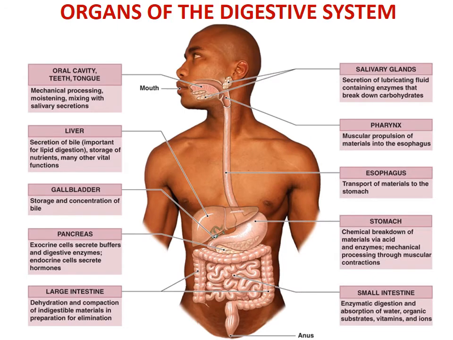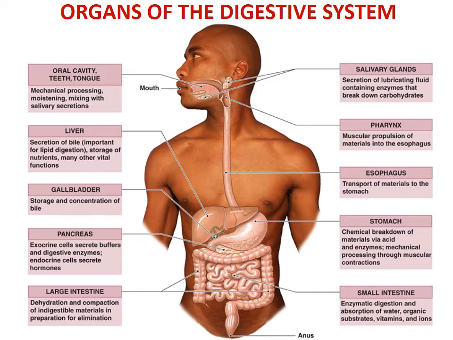Okay, this is a slide mentioning the organs of the digestive system, and we can go one by one with a slight introduction. The salivary glands secrete to lubricate the bolus, and that secretion contains the enzymes that break down the carbohydrate. So digestion starts from the mouth, then the pharynx, the muscular tube that is used for propulsion of the material into the esophagus. Propulsion, pushing the bolus into the esophagus.